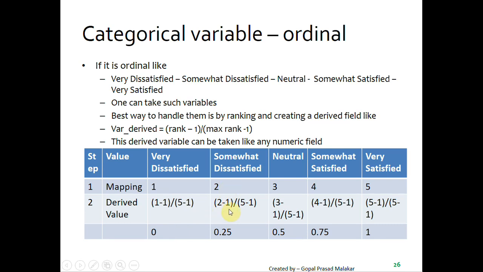For 2, 2 - 1 by 4, essentially 1 by 4, is going to give you 0.25. So this whole data has come into the format of 0, 0.25, 0.5, 0.75, 1. There is an intrinsic assumption that these are equally distant, and if you are dealing with an ordinal variable, that's to some extent a fair assumption.